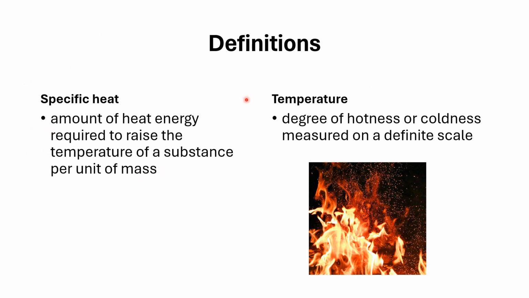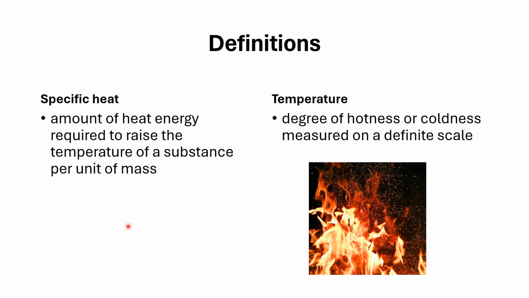What is specific heat and what is temperature? Specific heat is the amount of heat energy required to raise the temperature of a substance per unit mass. So let's say for 1 kg, how much heat energy is required to increase its temperature by 1 degree Celsius.